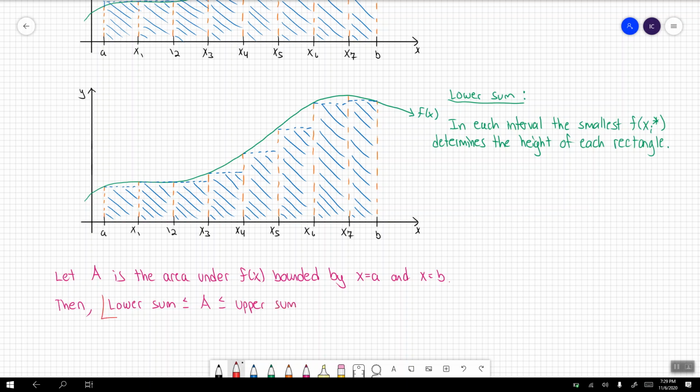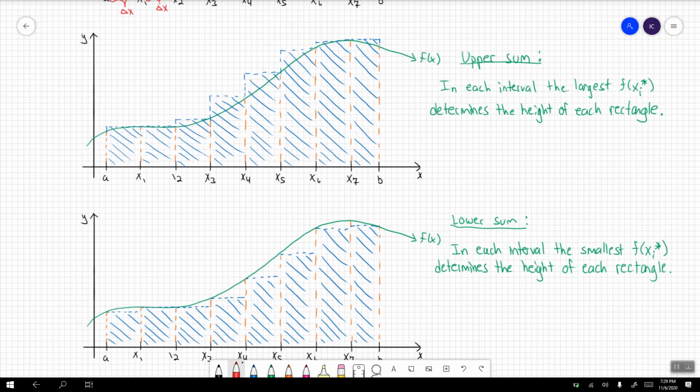And so once again, we come to this conclusion: even though we might not know what the area underneath the curve is, just by taking the lower and the upper sums, we can create a bound for this area to definitively say that the area must exist between the lower and the upper sums.